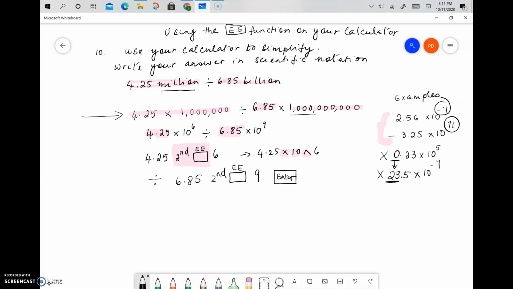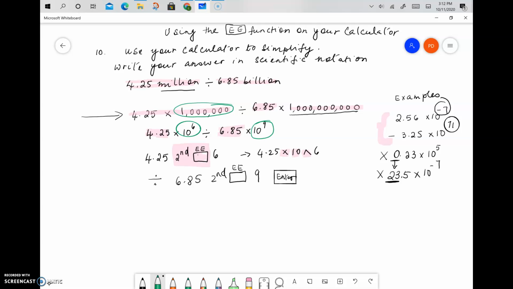A billion is 1 followed by 9 zeros. So we have 4.25 times 10 to the 6th power. So 1 million is the same as 10 to the 6th power because it has 6 zeros. It's 1 followed by 6 zeros. And we write a billion as 10 to the 9 because it's 1 followed by 9 zeros.